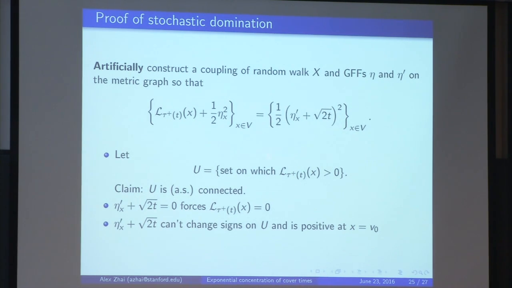Well, it's sort of the converse. If the local time is positive, then this eta prime x plus root 2t should be positive, or equivalently, if this eta prime x plus root 2t is negative, then the local time should be 0.